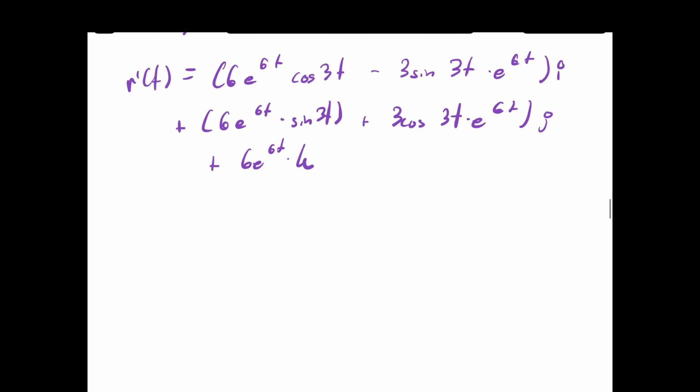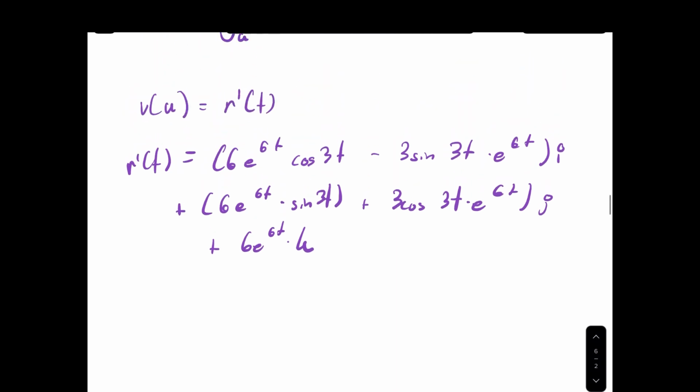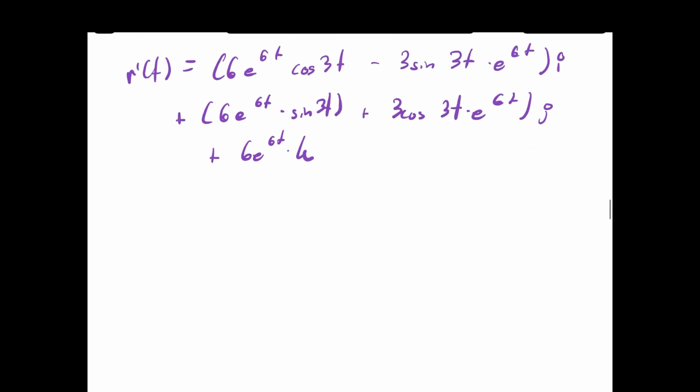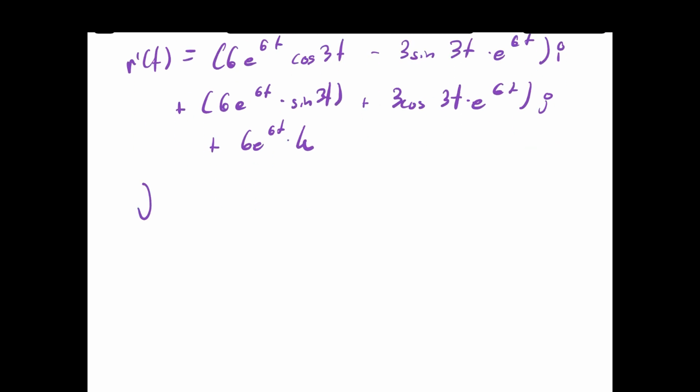And now we have to get the norm of this. Sorry, there's this bug next to me. Okay, cool. So the norm would be square root of f at t squared plus g at t squared plus h at t squared.